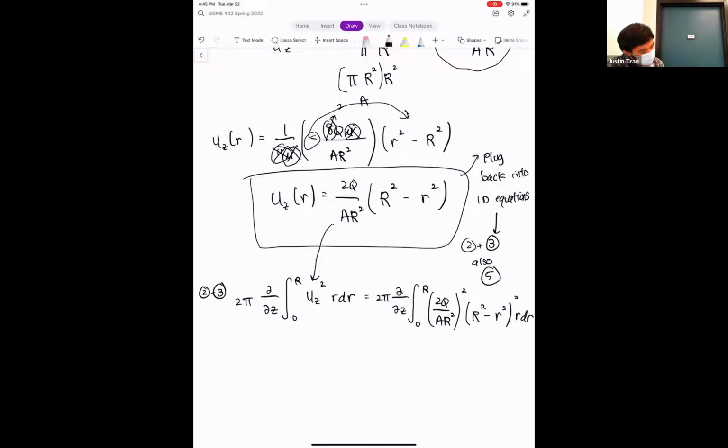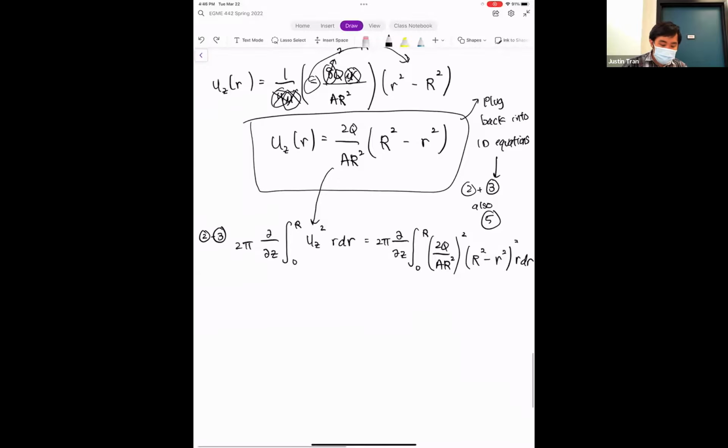Okay. Let me do this. Let's first take this term. Let's leave that there actually. Sorry about that. That depends on z, so we can't pull that out of the derivative. Let's just start foiling this.